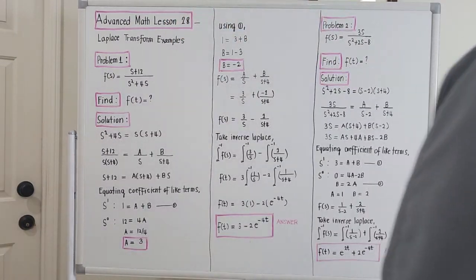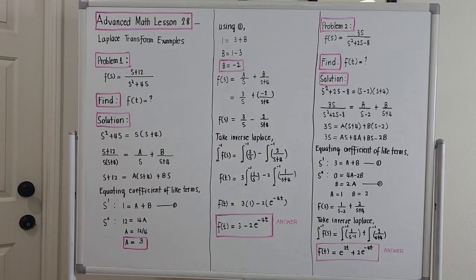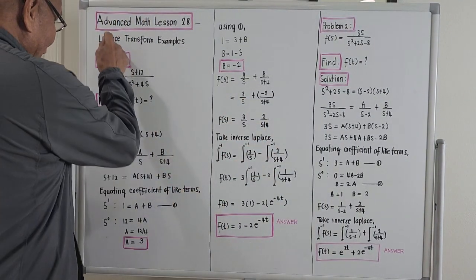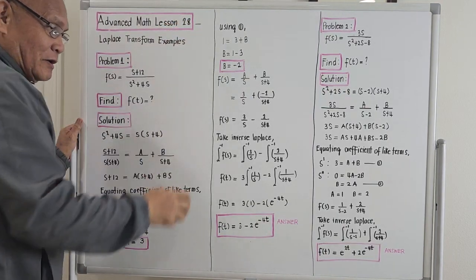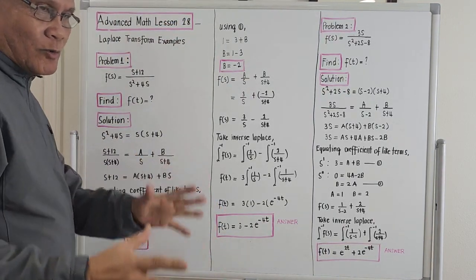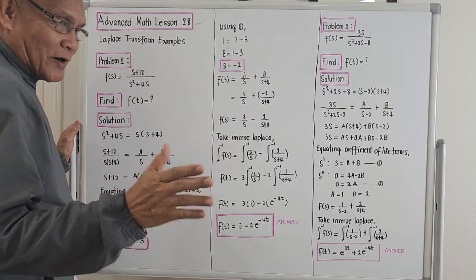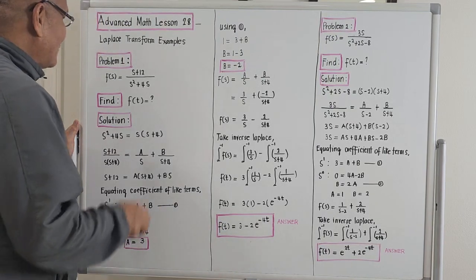I will check my camera. Oh, it's fine. My lesson for this morning, April 6, 2023, will be Advanced Mathematics lesson, lesson number 28. So actually, we are moving gradually upward. We are following our syllabus under the so-called Advanced Mathematics topic.